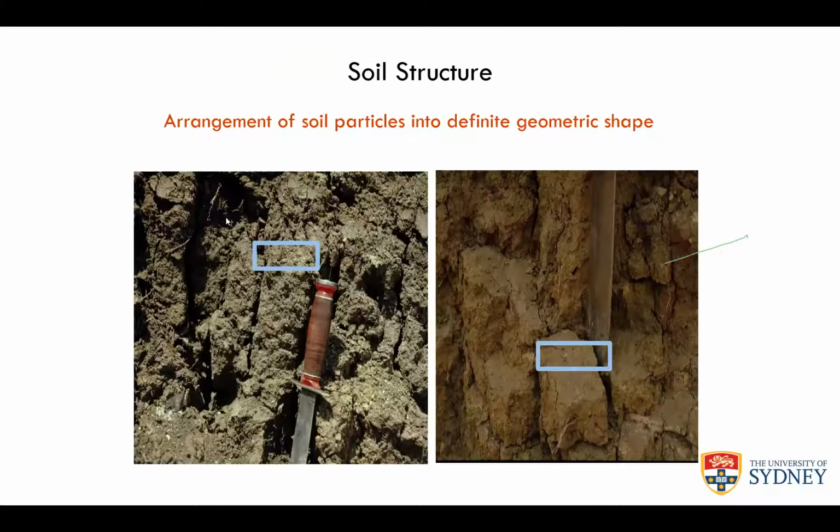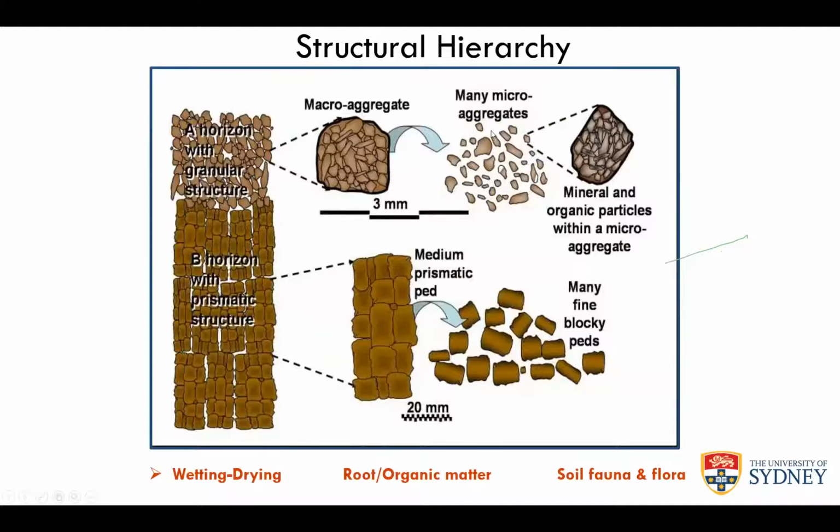For example, this is the A horizon. If you look at it carefully, it is made up of different sizes of aggregate. There's macro aggregate, and within this macro aggregate there are also many micro aggregates. Within the micro aggregate there's a lot of interaction between the organic particles and the mineral parts.